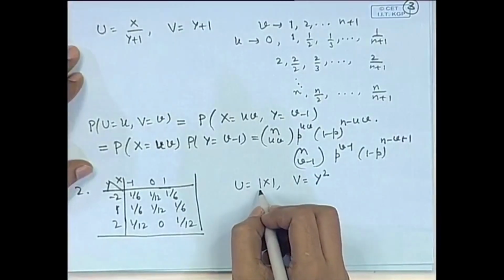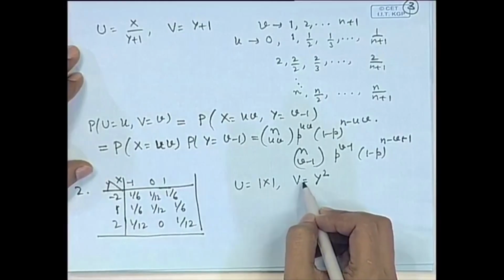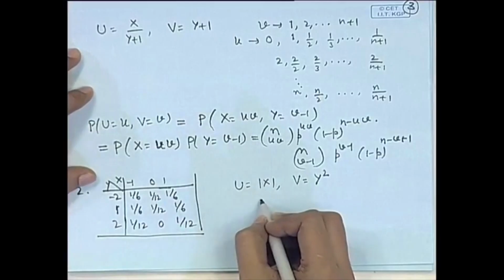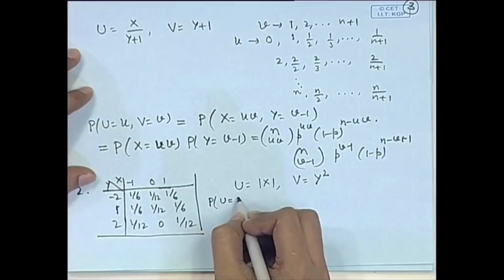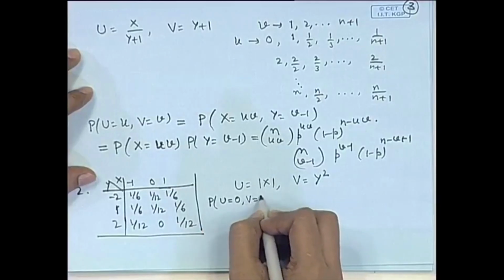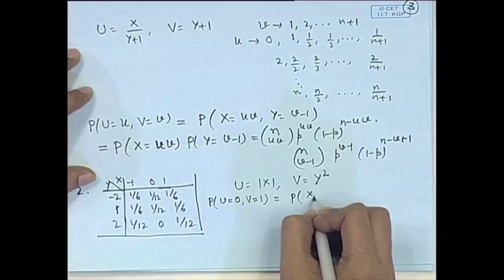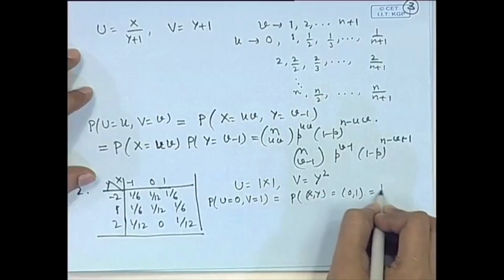Then the possible values of u are 0 and 1 and possible values of v are 1 and 4. So, the joint distribution, that is probability, say u is equal to 0, v is equal to 1, is simply probability of x, y equal to 0, 1, that is 1 by 12.